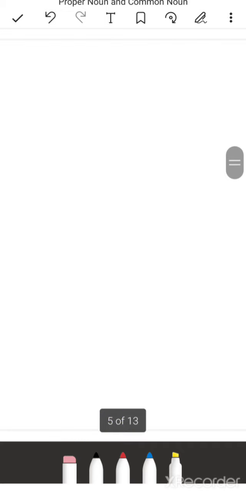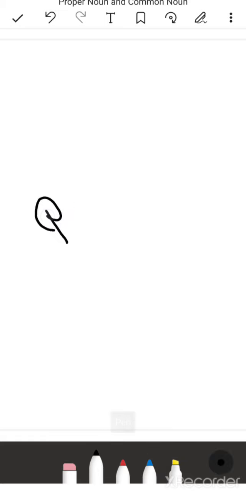Or suppose in class it sometimes happens that some students did something wrong, then the teacher comes and asks, tell me properly who was the person who is responsible. That means we want to know about that particularly.